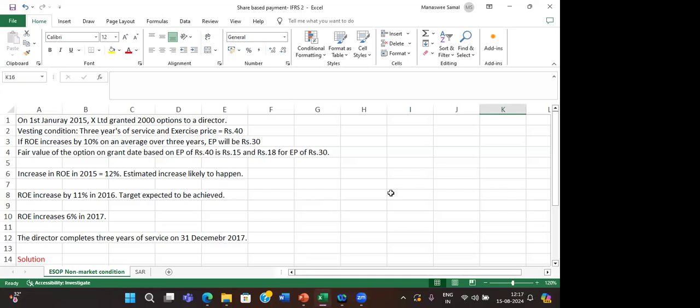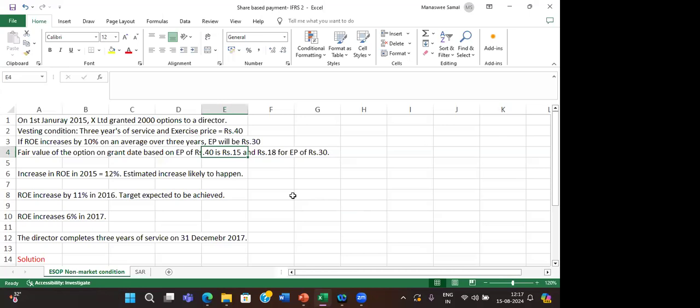Your estimation is not changing. And then the question is, how do you do the accounting? So obviously, if that is the case, then the fair value I have to choose from 15 and 18. We'll talk about that. Let us go through the total question. In the next year, the ROE is 11%. That is, it increases by 11%. Okay.